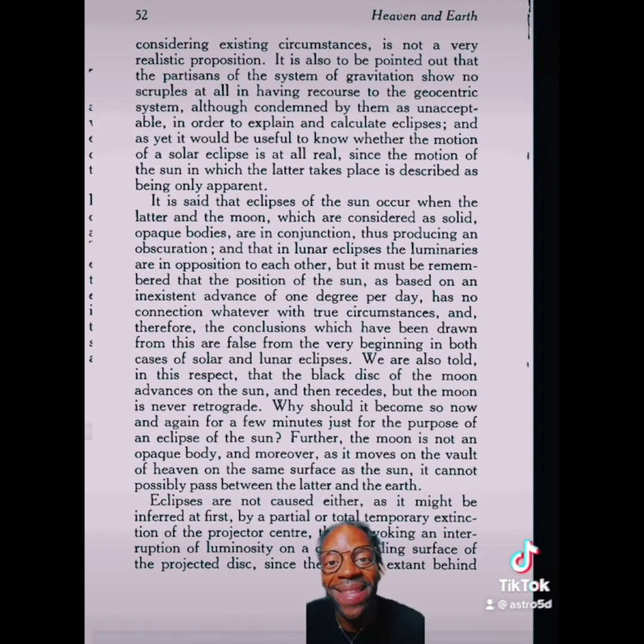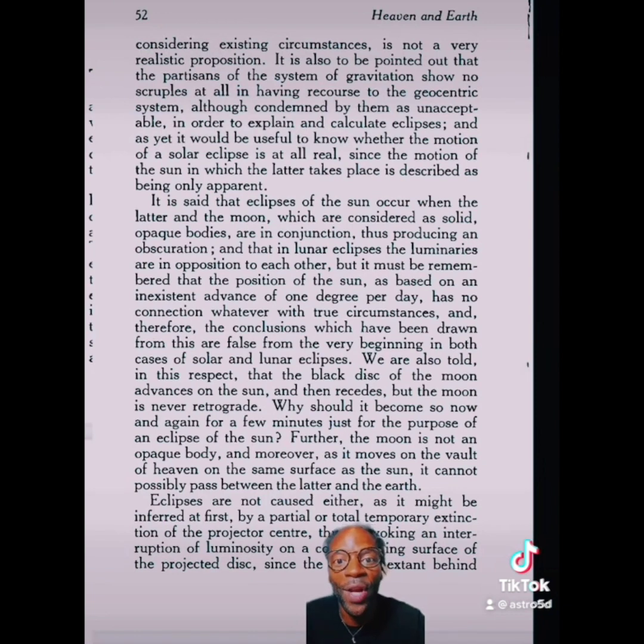It is said that the eclipses of the sun, when the latter and the moon, which are considered as solid opaque bodies, are in conjunction, thus producing an obscuration, and that in lunar eclipses the luminaries are in opposition to each other. But it must be remembered that the position of the sun as based on an inexistent advance of 1 degree per year has no connection whatsoever with true circumstances.